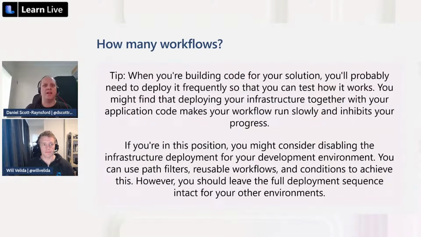There is one slight challenge that we often come up against with having a single workflow, and that is if you run your Bicep every time your workflow runs, it takes a little bit of time for that Bicep to complete, and that does increase the amount of time you're waiting for a commit to get into production.